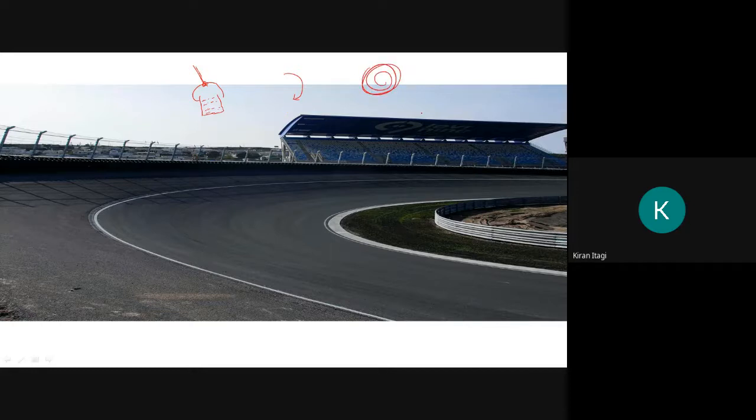You can see that while spinning the bucket, the water will not spill out from the bucket. Why? Because there is a centrifugal force. Centripetal force and centrifugal force, you know. So due to that force, it doesn't allow the water to spill out.